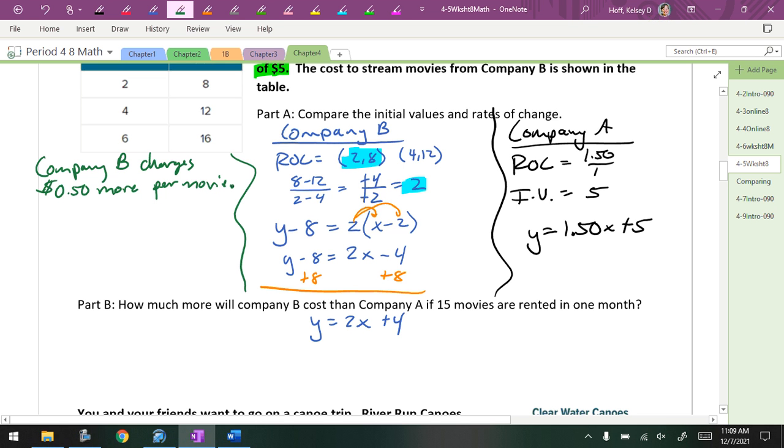Okay, somebody else compare your initial values between the two companies. Taylor? Very good. Company A charges $1 more to become a member, right?